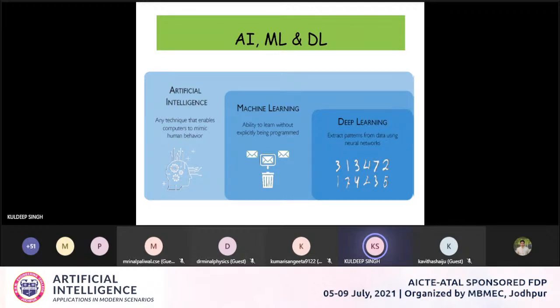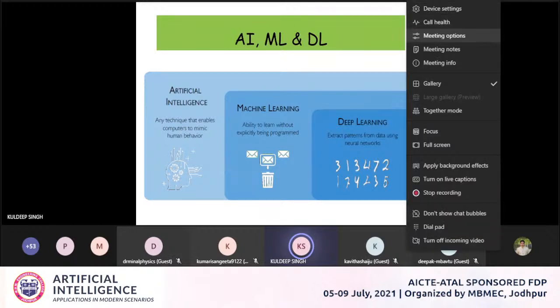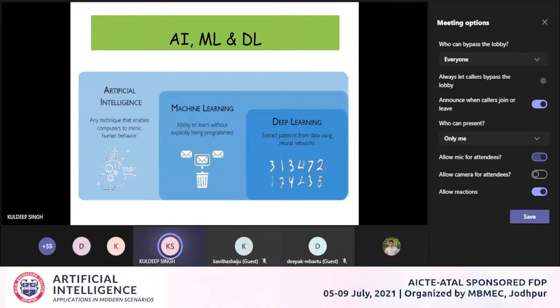The third part is deep learning, which is a subset of machine learning, and it is basically based on neural networks. The term deep means you have a large number of layers.